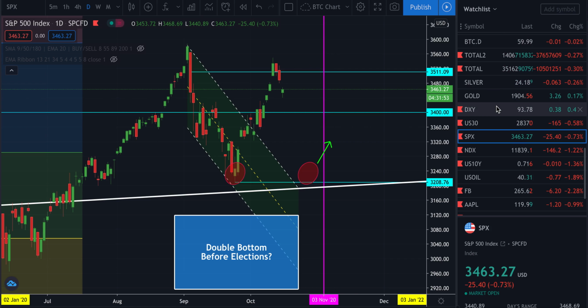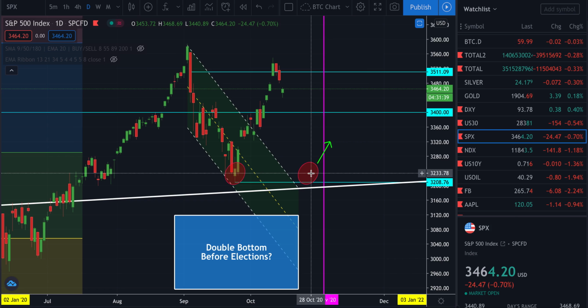And how will this affect Bitcoin? How will it affect Bitcoin if we do see this double bottom concept come into play before the elections? Meaning that we just slowly taper down or violently crash down because of uncertainty in the markets.